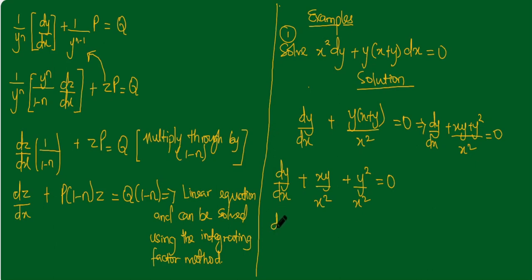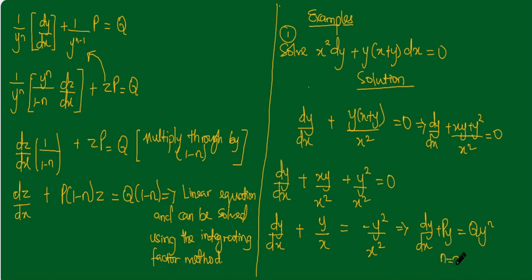So our dy/dx + y/x will now be equal to -y^2/x^2. Now this looks like the general form of the Bernoulli equation, which is dy/dx + Py = Qy^n. So in this case, you can see now that our n is equal to 2. Let's go ahead to simplify it further.